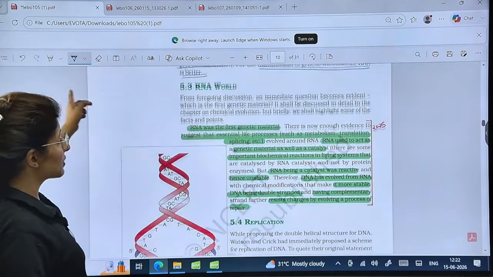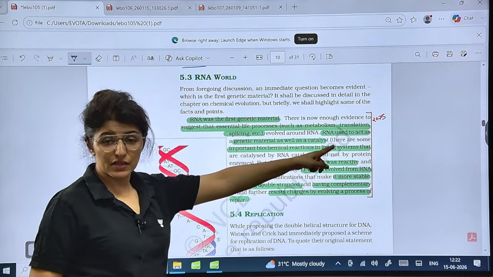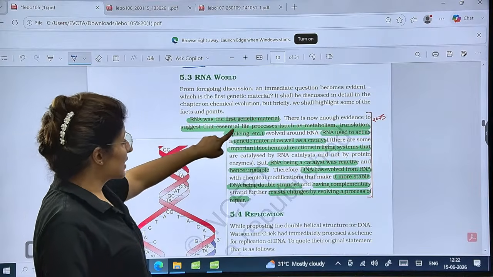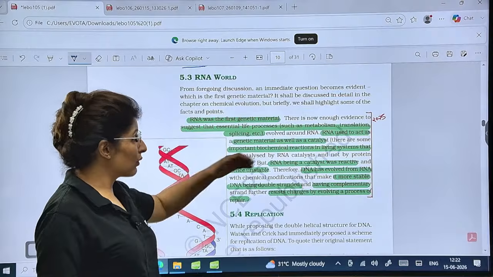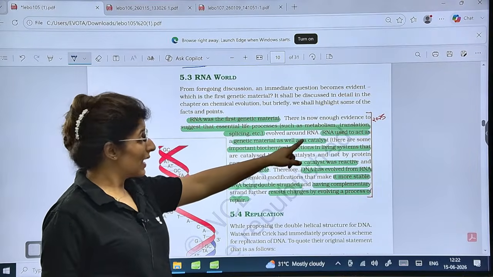Now, RNA was the first genetic material. This whole paragraph was in 2025 as a statement-based question. RNA was the first genetic material, which suggests that essential life processes like metabolism, translation, and splicing evolved around RNA. RNA used to act as genetic material as well as catalyst.